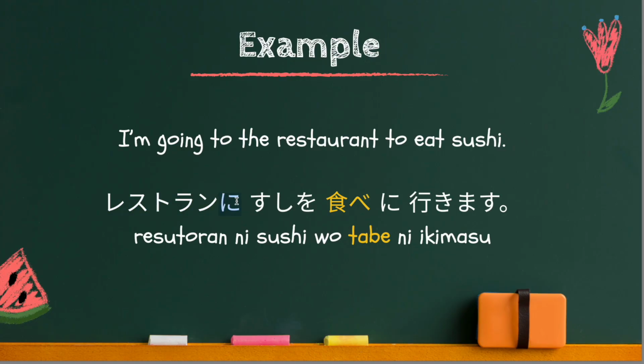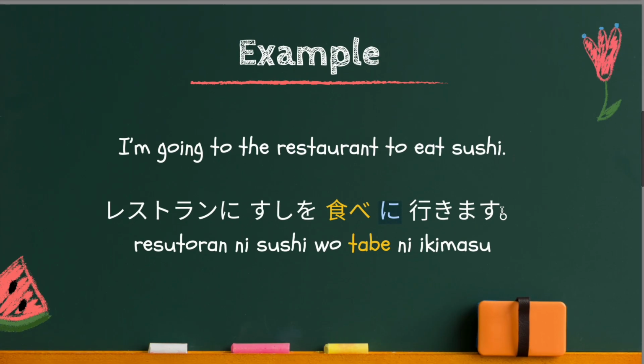Then after the ni particle to indicate the destination. Then this is the purpose. Why you are going to that restaurant. This time, to eat sushi, that's the purpose. So, 寿司を食べ verb stem に行きます。Let's review the grammar format once again.